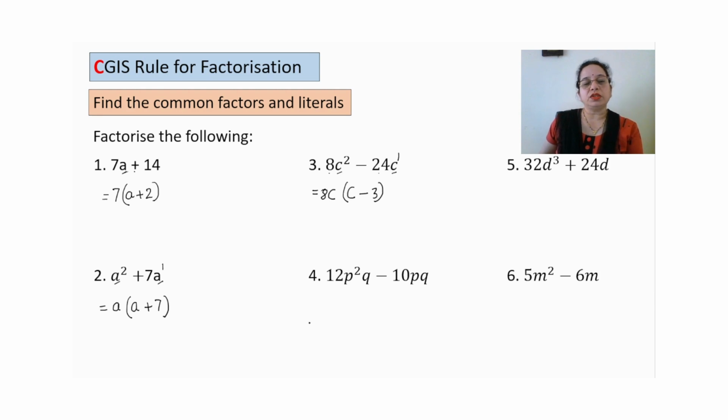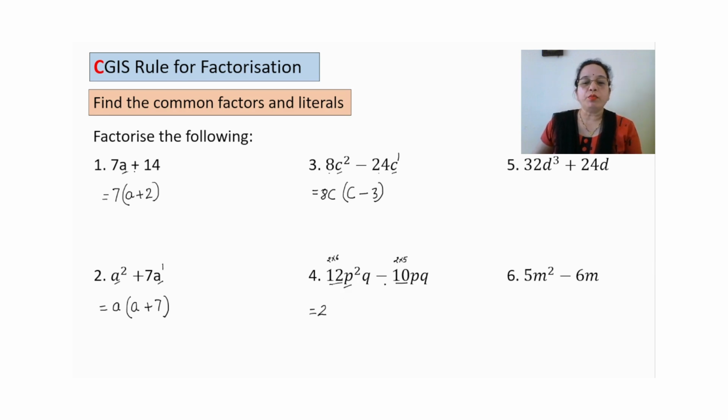Come to the fourth sum, factorize. So first one is C. So common, yes, you can see common here 10 and 12. So 10 and 12 come in which table? This comes in the table of 2. So 2 is common. Okay, actually this is 2 sixes are 12, and this you can write down 2 fives are 10. This should be in your mind.